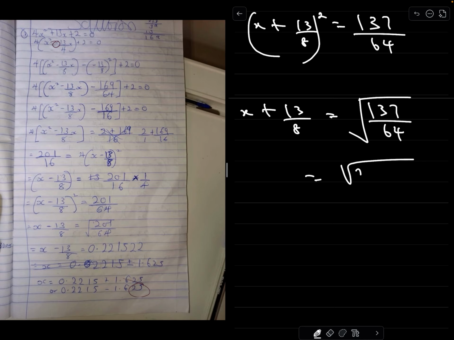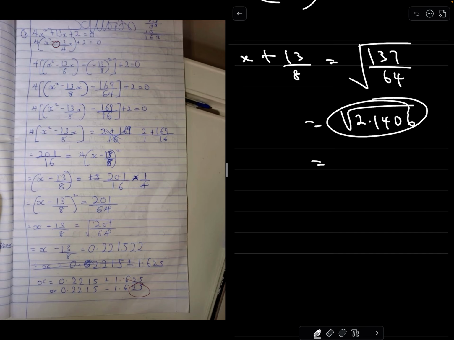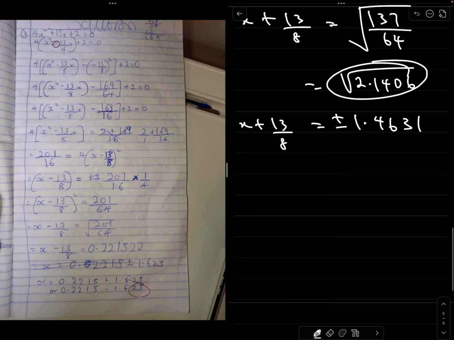That's the square root of 2.1406, and we know that a square must have two roots. So let's find the square root of that. And that is plus or minus 1.4631.